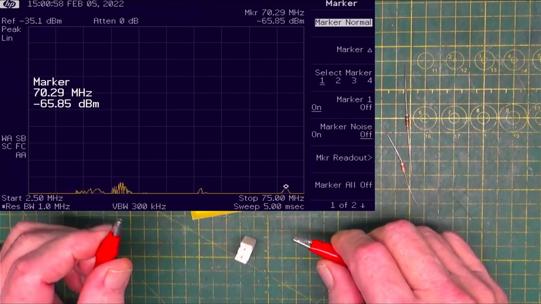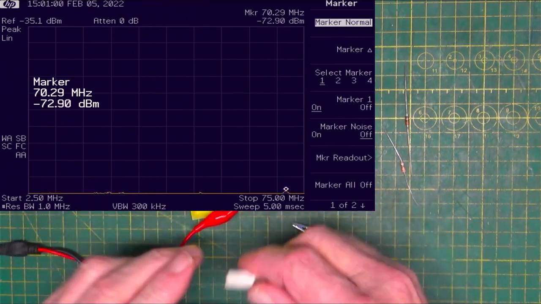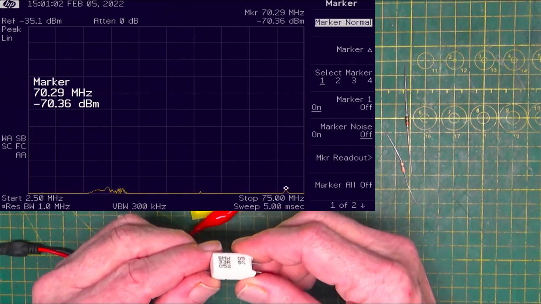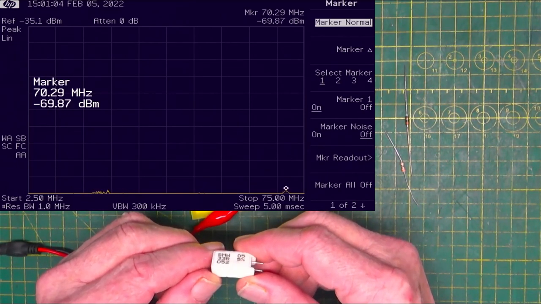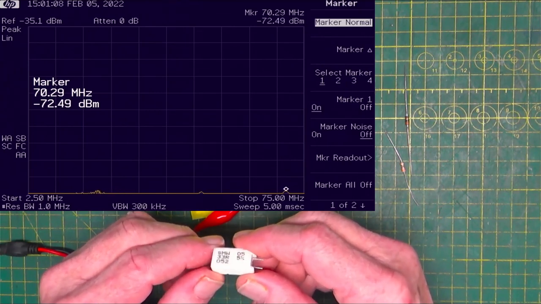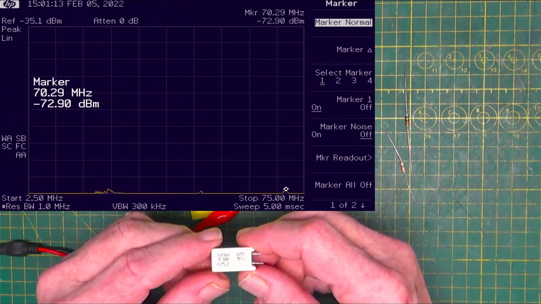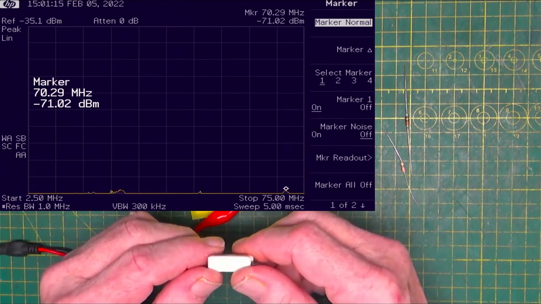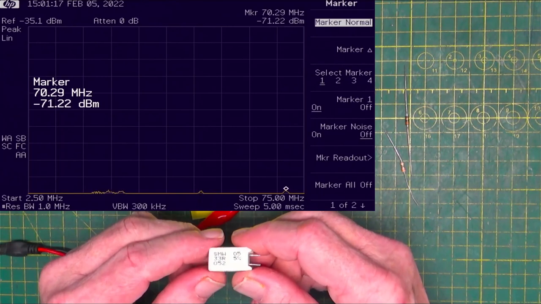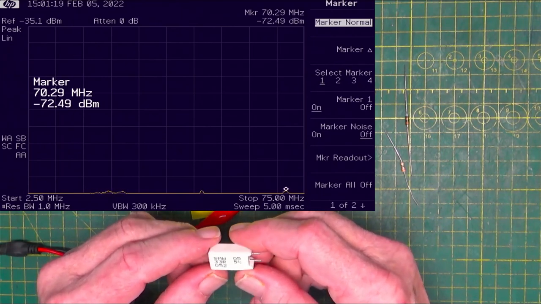So you can't use this kind of resistor as a pure resistive load. If you put this in a circuit to drop your RF from one point to another, it would definitely drop it, but that's not the way you want to do it. You want to do something else.